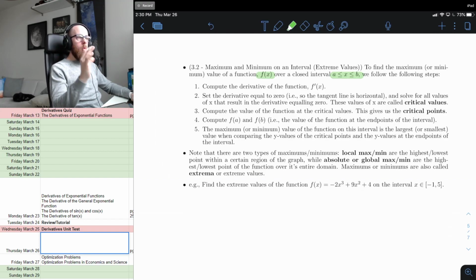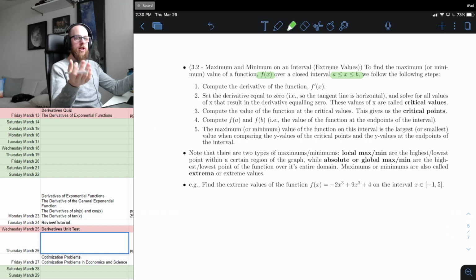What this section is all about is finding the largest or the smallest possible value of our function over that interval. The cool thing about these questions and about optimization problems is that there's always a set of steps and they never change. Once you do one problem, it's almost like you've done them all.